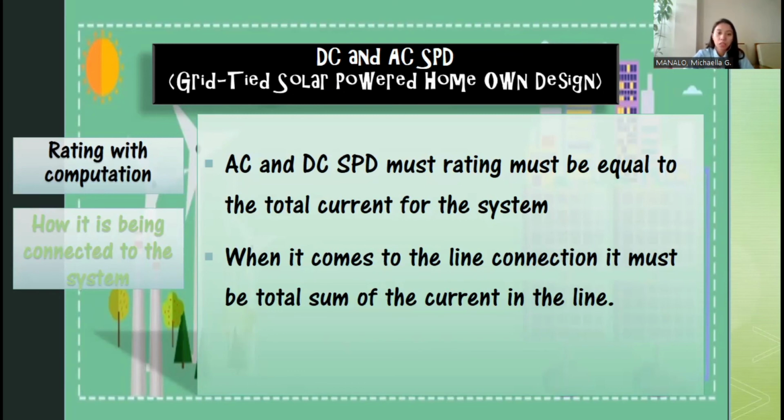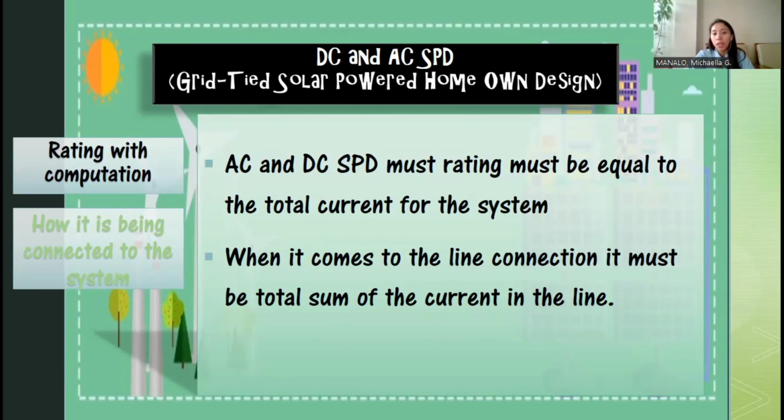So pagka ang system na poprotektahan natin is galing from solar panels pupunta sa ating mga appliances, kailangan natin ng surge protection device na ang total current niya ay katumbas ng system para maiwasan yung sudden loss or sudden increase sa current, or sa ating power sa bahay.